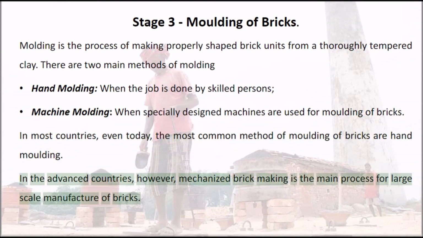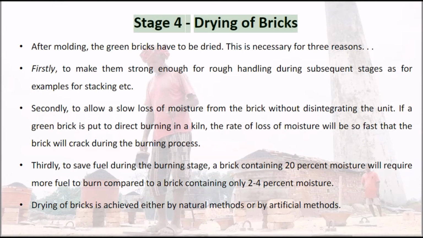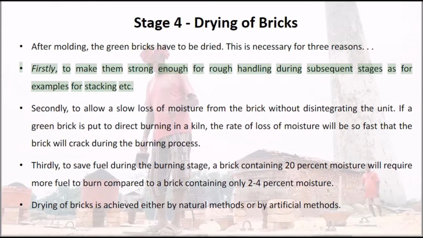Stage 4: Drying of bricks. After molding, the green bricks have to be dried. This is necessary for three reasons. Firstly, to make them strong enough for rough handling during subsequent stages, for example for stacking. Secondly, to allow a slow loss of moisture from the brick without disintegrating the unit.